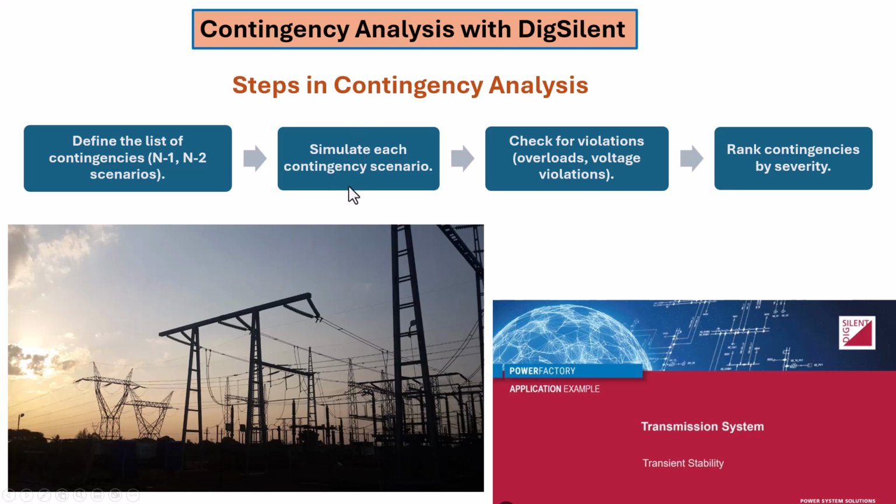Next, you need to simulate each one of these scenarios to observe the impact on your power system network. Then you need to check for violations like overloading, obviously. When you've got a loss of generation or a loss of a transmission line or transformer, one section of the line would immediately become overloaded, so you need to analyze that.